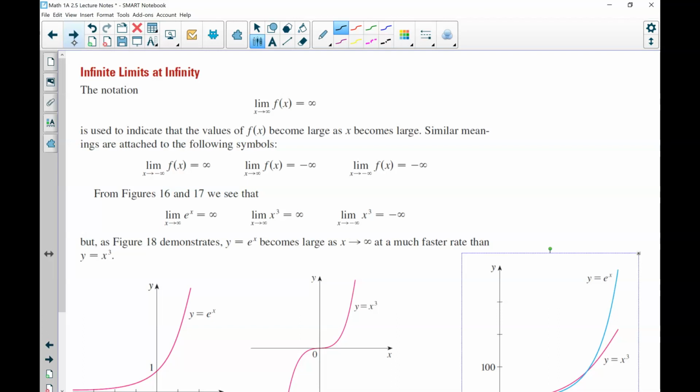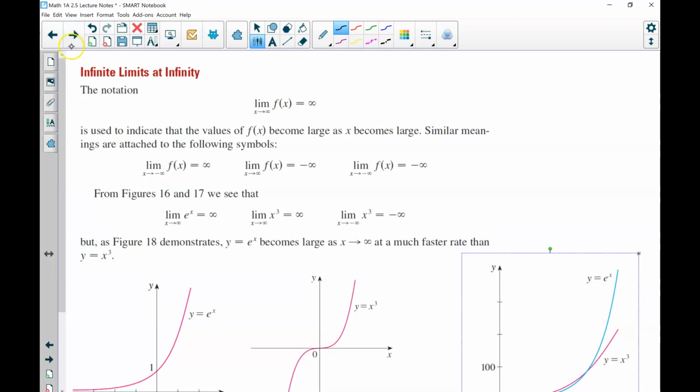Okay, now let's take a look at some infinite limits at infinity, the notation. The limit as x approaches infinity of f of x is equal to infinity is used to indicate that the values of the function become large as x becomes large. Similar meanings are attached to the following symbols, which is what we've seen.